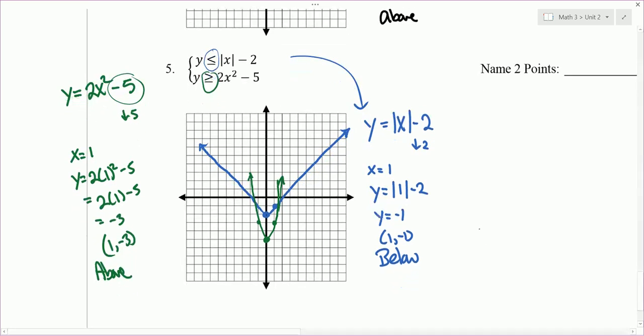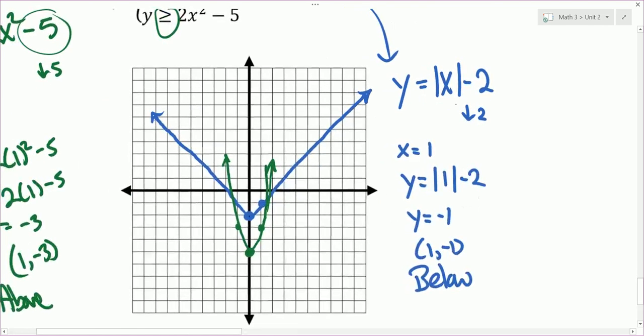So again, you may want to pause this, take a little bit of time to think, where would that shading go? So that shading, if we're below the blue but above the green, that's going to fit right in here.